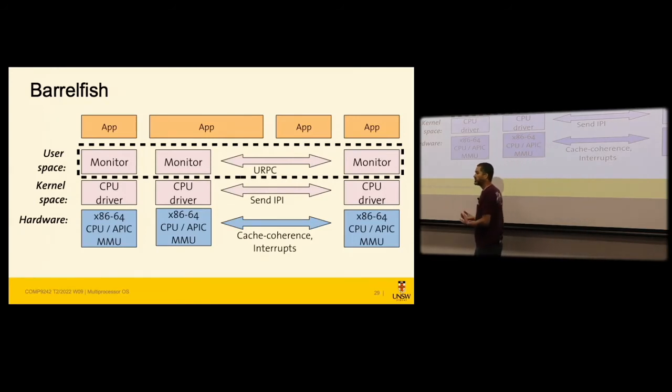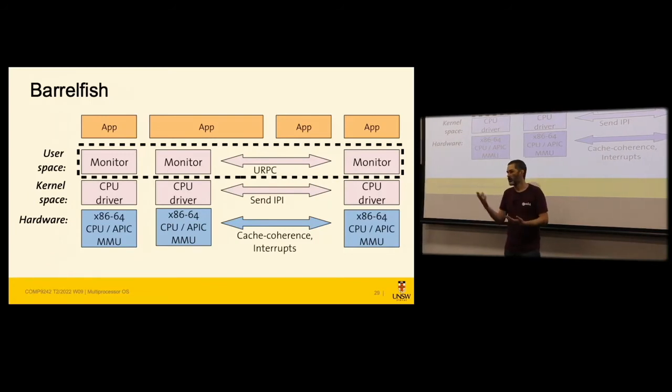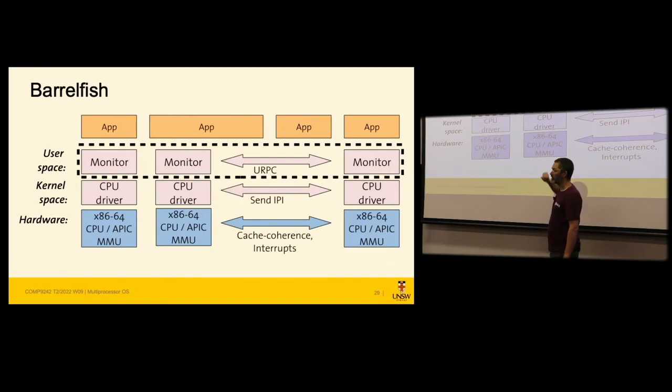So state that needs to be synchronized between kernels are things like capability lists. Right? So CSpaces need to be synchronized. The kinds of capabilities need to be synchronized. There needs to be synchronization when capabilities are retyped, for example. When untypeds are retyped, everyone needs to know that. And so their lists need to be synchronized. That actually happens in user space by the monitors.